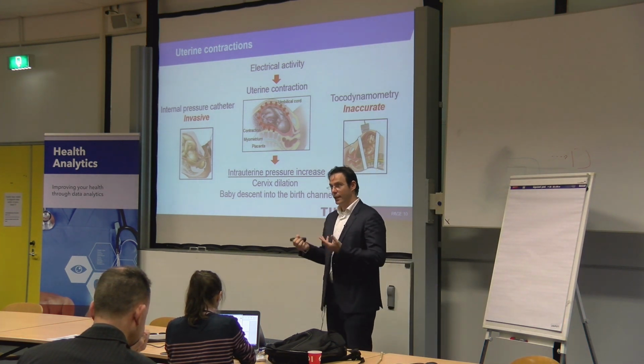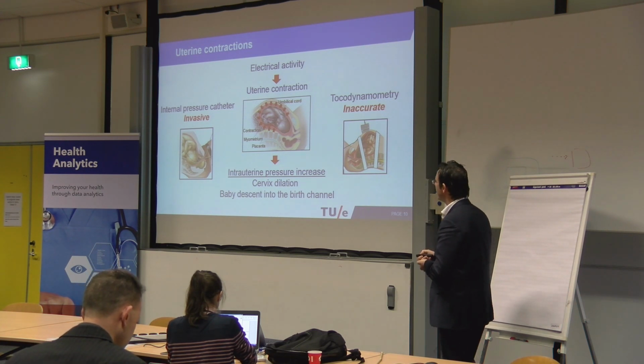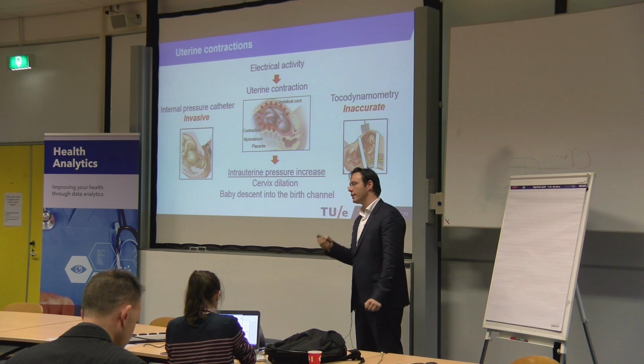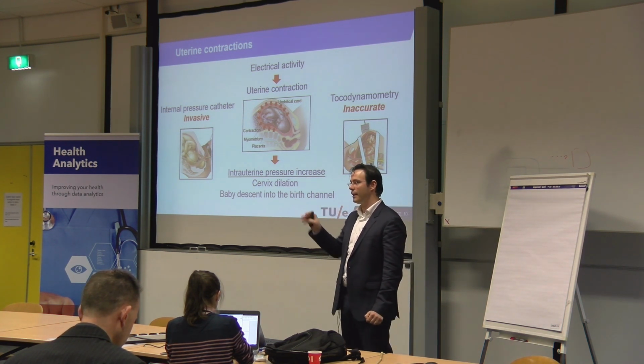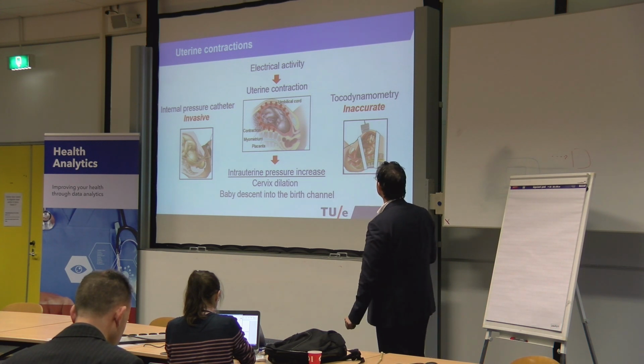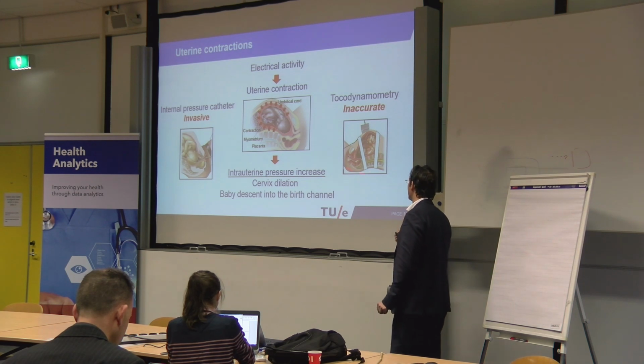How is this process monitored nowadays? Well, there are two possibilities. An internal pressure catheter can be used. This only, of course, when the water is broken and the membranes are broken, and you can insert the catheter inside the cavity. Or you can use tocodynamometry.